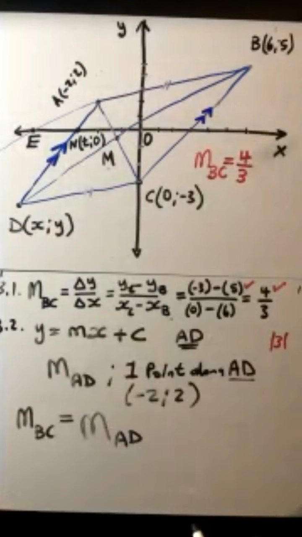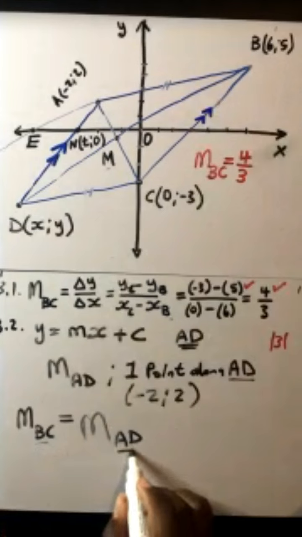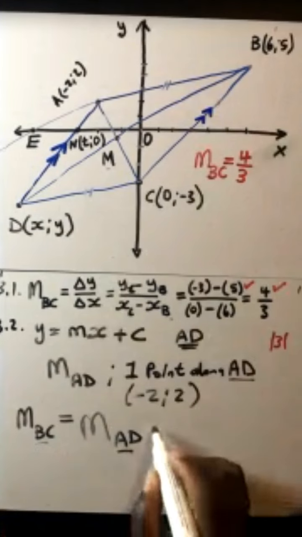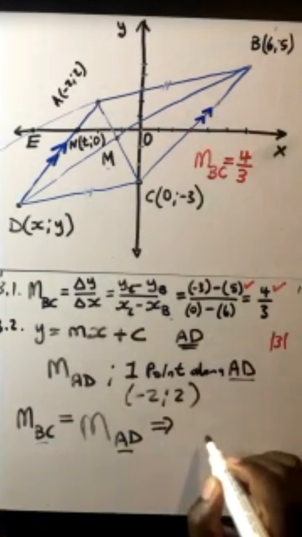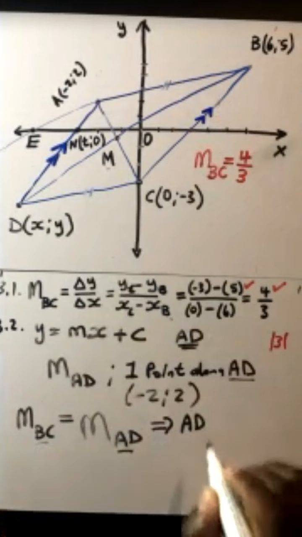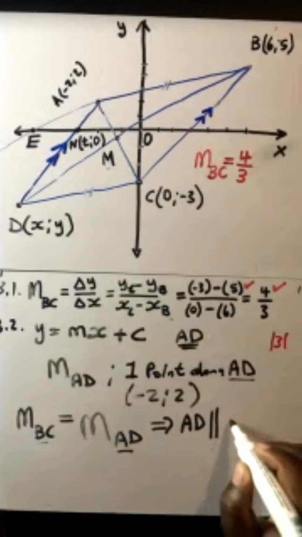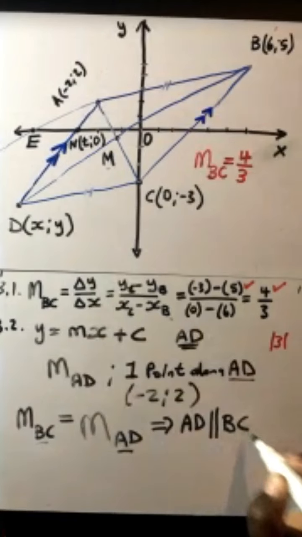Ladies and gentlemen, why am I saying the gradient of BC is equals to the gradient of AD? The reason is that line AD, as given in the information, is parallel to line BC.